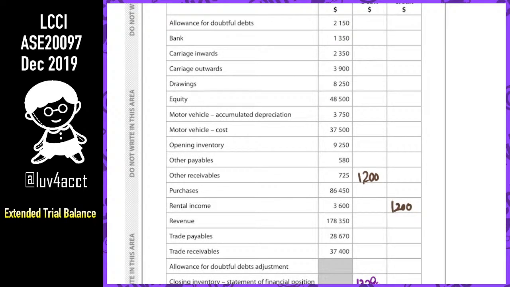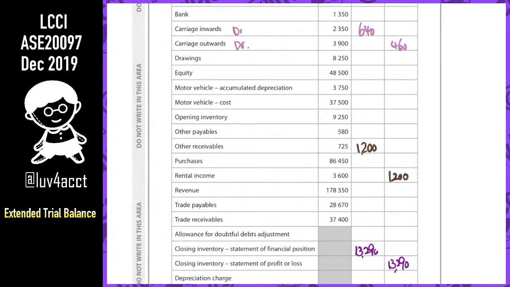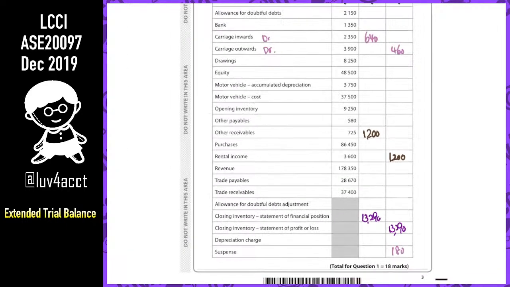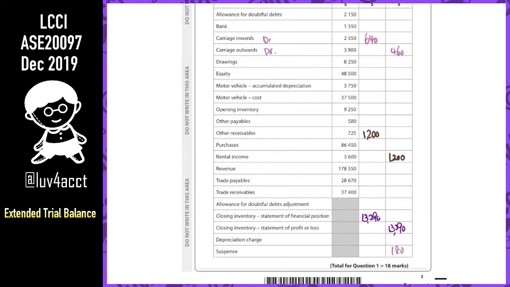Carriage in and out are both debit side accounts. So take away the wrong one, 460 credit, and put back to the correct account and the correct amount. And then we have 180 here, to balance the adjustment journal.